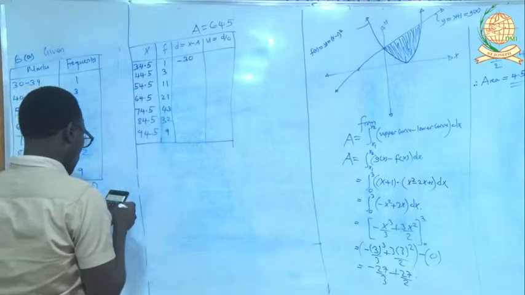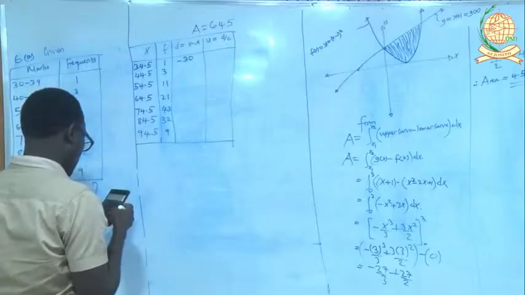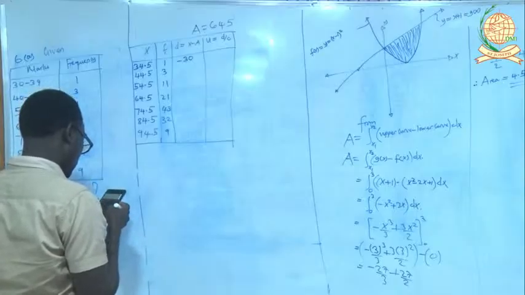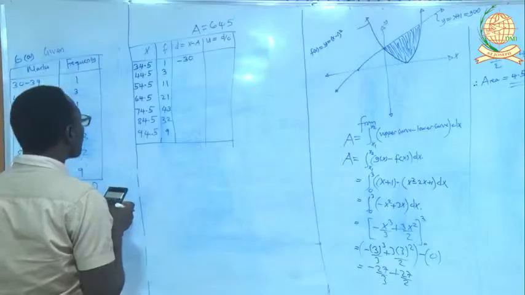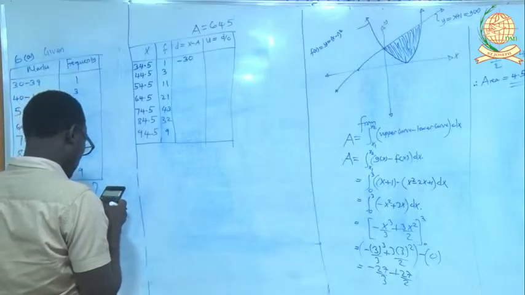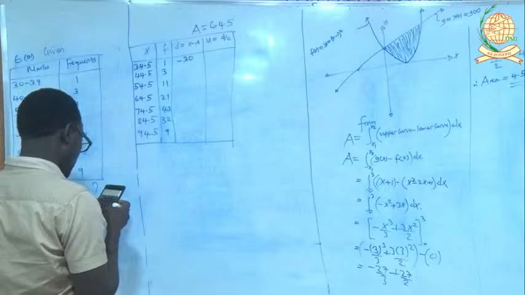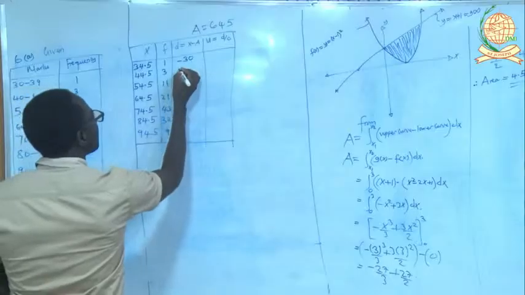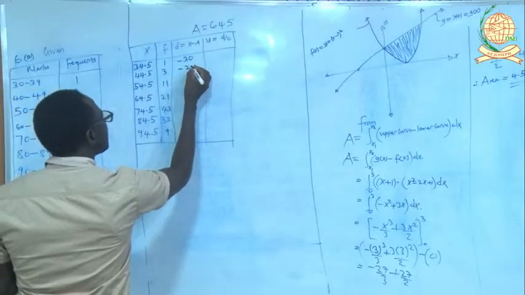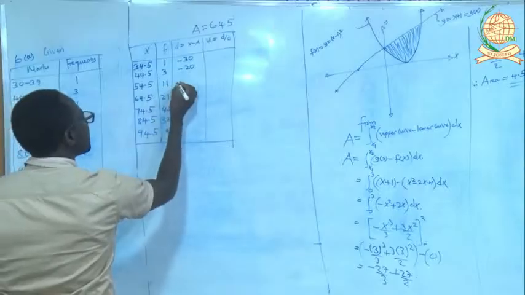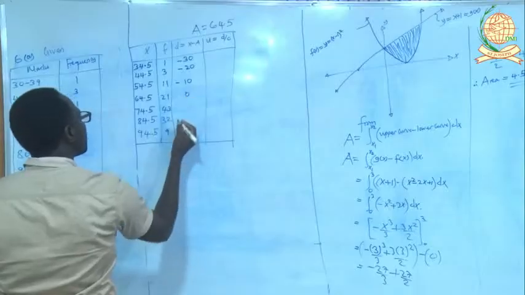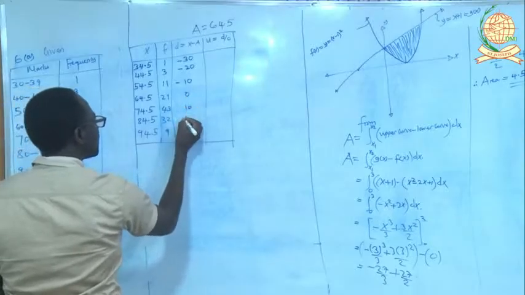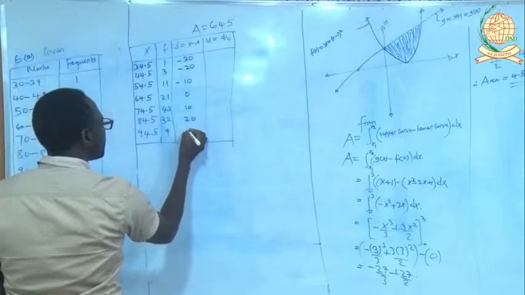Again, take 44.5 minus 64.5. Here you get negative 20. Then here negative 10. Then here you get 0. Positive 10. Positive 20. Positive 30.